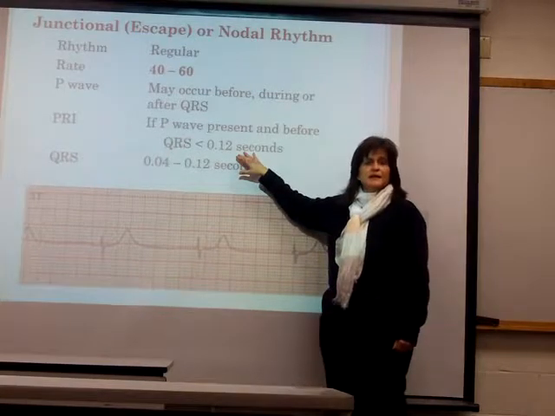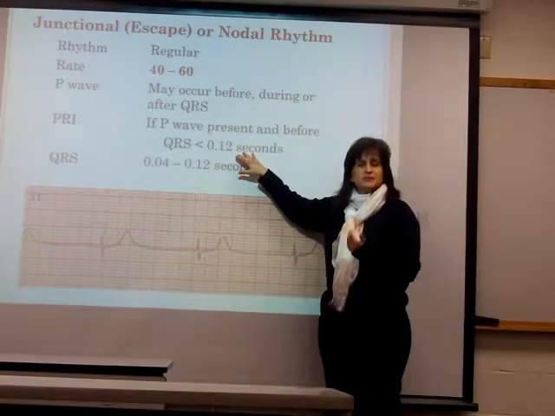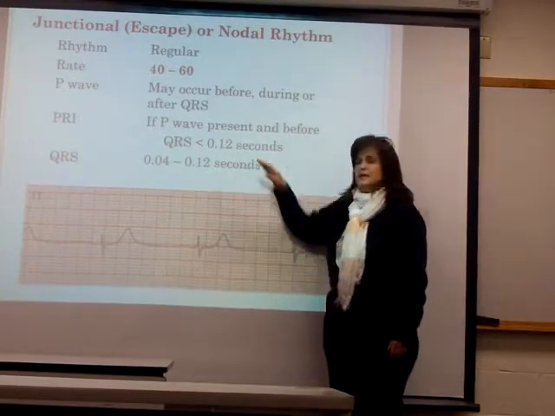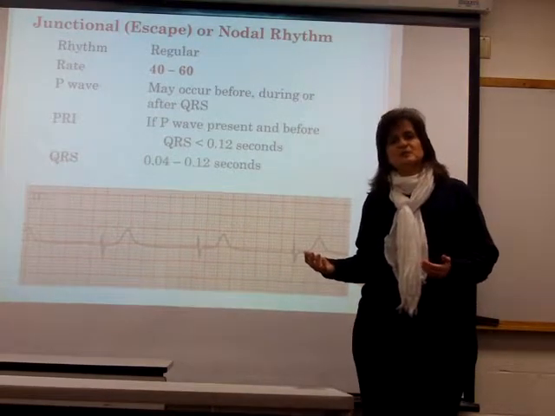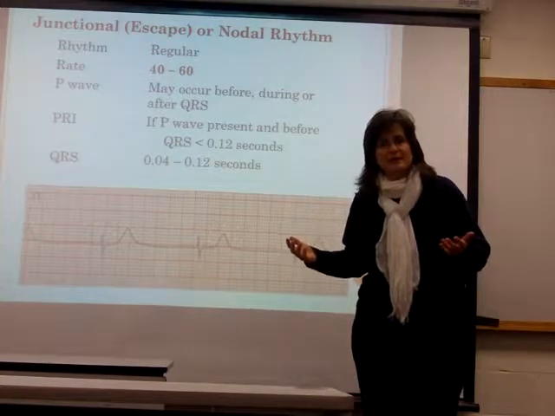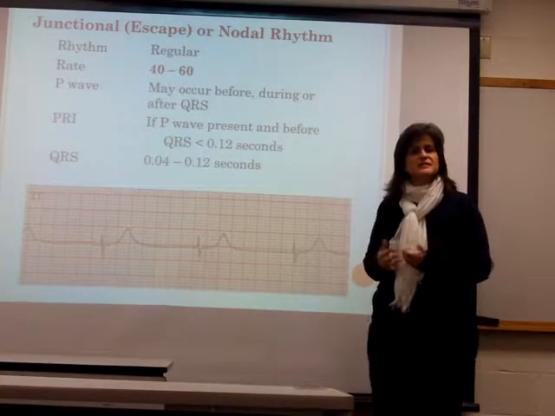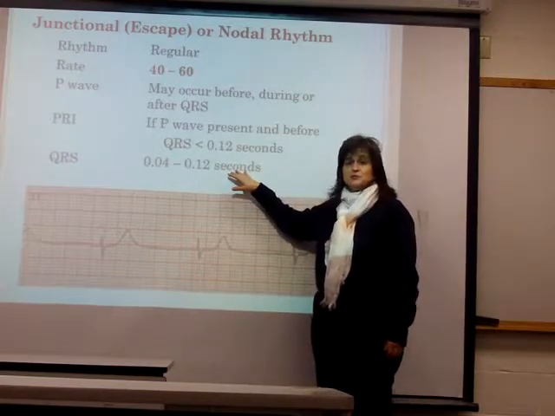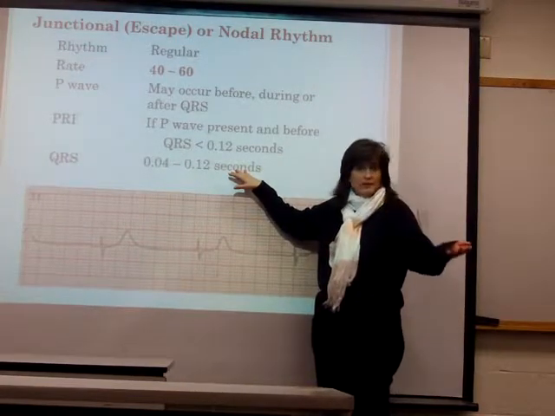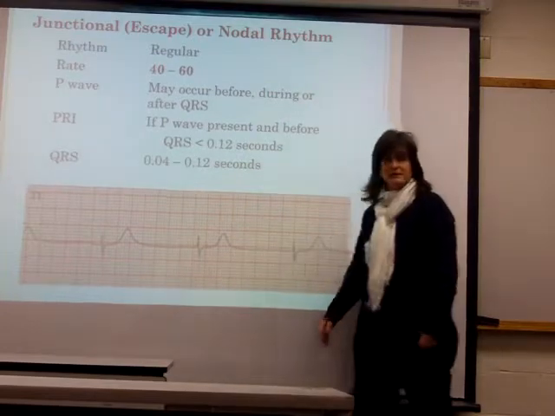If it occurs before the QRS, it's going to be inverted. You can measure that. If the P wave's absent, or the P wave occurs after the QRS, which I don't have an EKG slide, so it won't be that way on the test, then just tell me it's immeasurable. The QRS, again, the signal's coming from the atria, so it's typically normal. It's usually going to be within the normal limits.